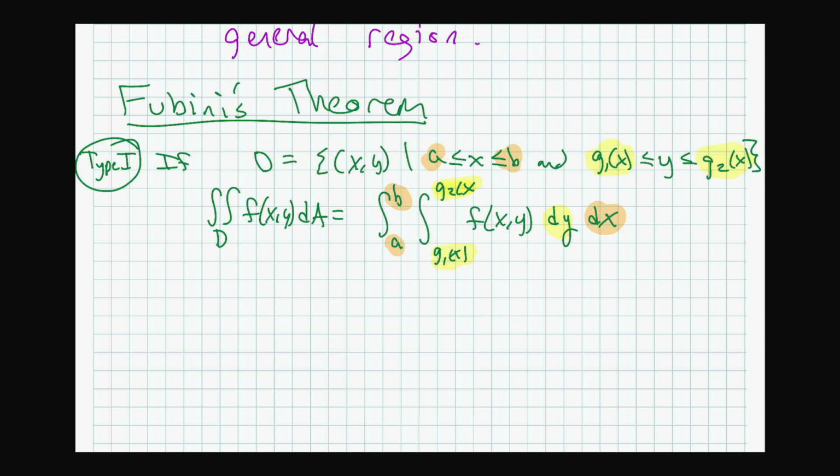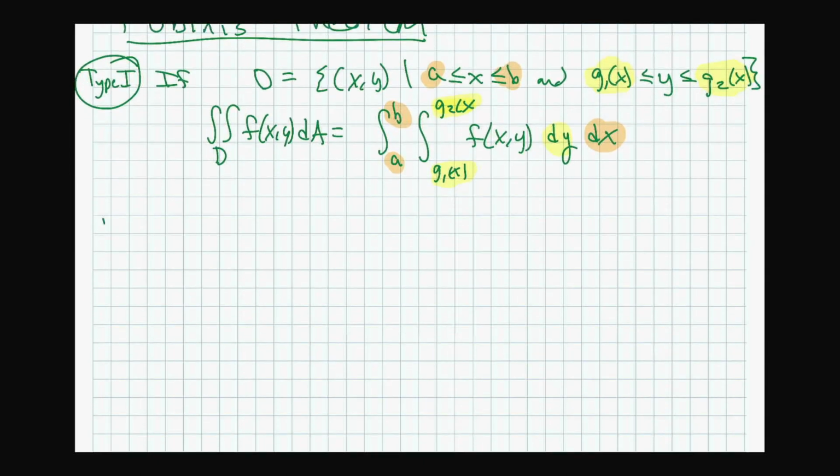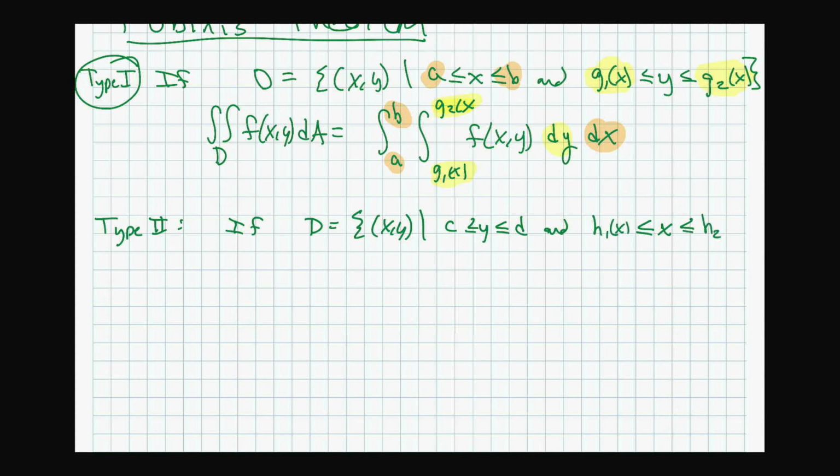All right. Now, if you're doing a type 2 integral, everything is reversed. So if D is the set of x, y such that y is between constants, we'll call them c and d, and x is between functions, they call them h1 and h2, then if you want to do the double integral over D of f of x, y, dA, again, if your functions are for x, you've got to do the x integral first.